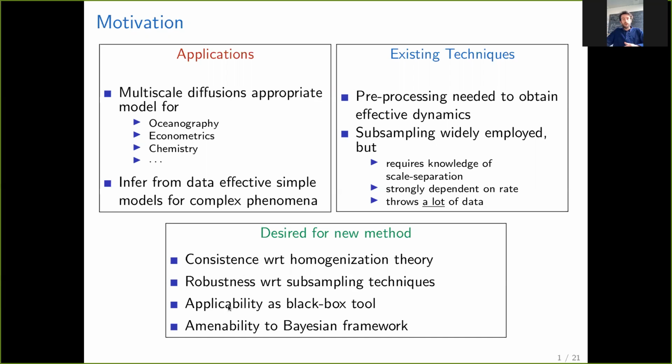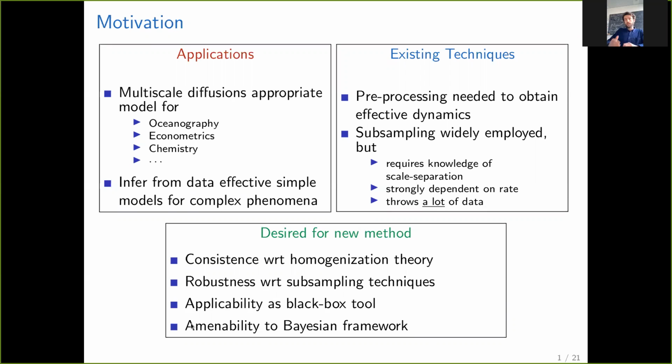Then the third desideratum of the method is that it's applicable as a black box tool, meaning that the knowledge of scale separation is not required in order to perform the inference procedure. And the fourth desideratum is that the method is amenable to the Bayesian framework.